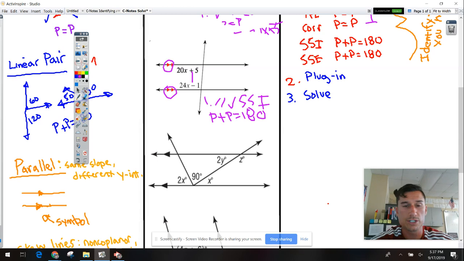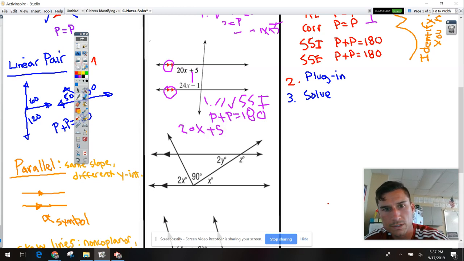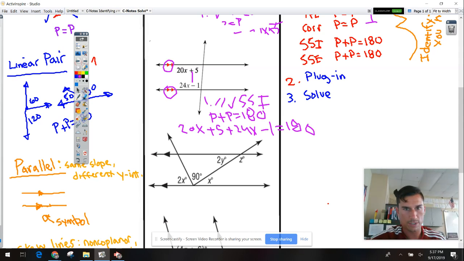And from there, you're going to do your algebra 1. And so we have 20x plus 5 plus 24x minus 1 equals 180. So we have 20 and 24 is 44x.